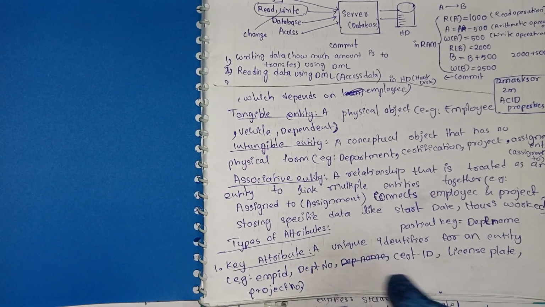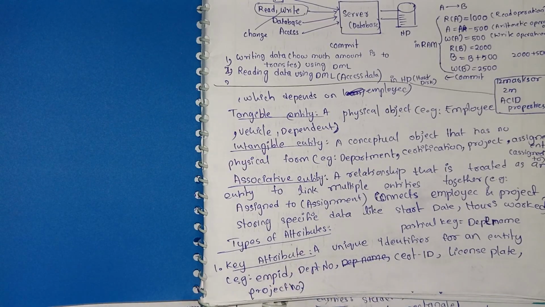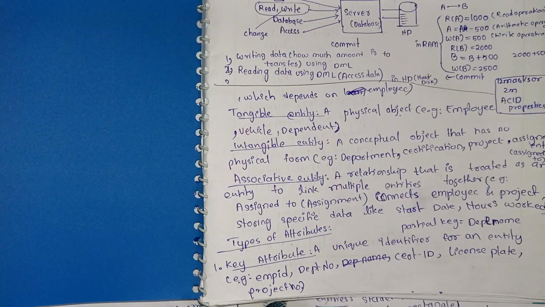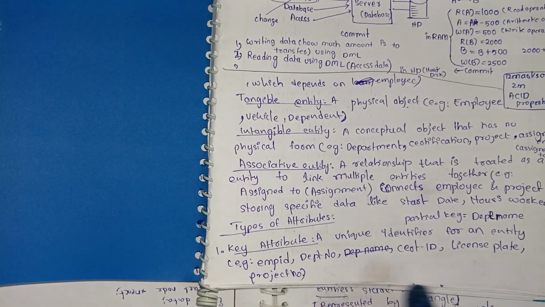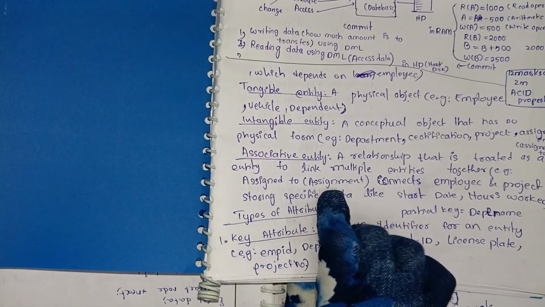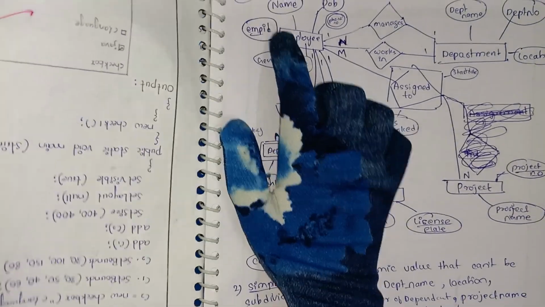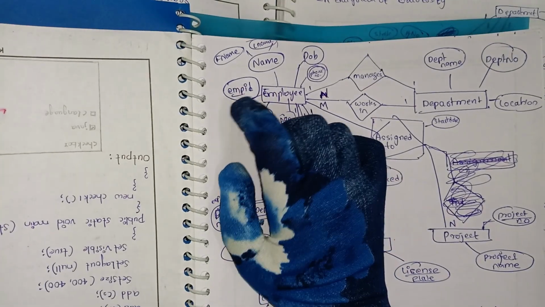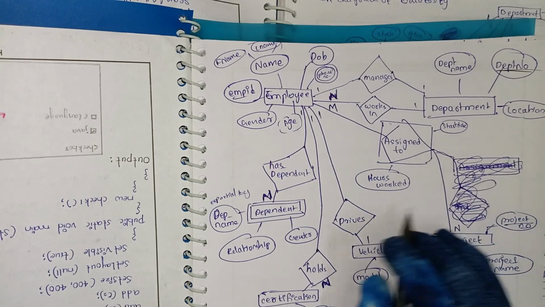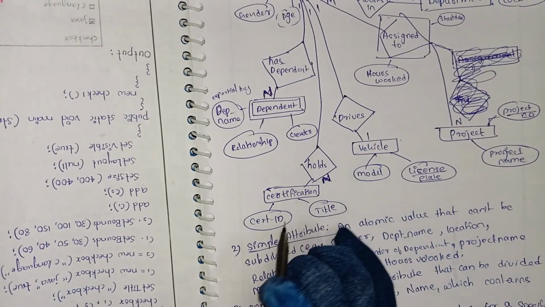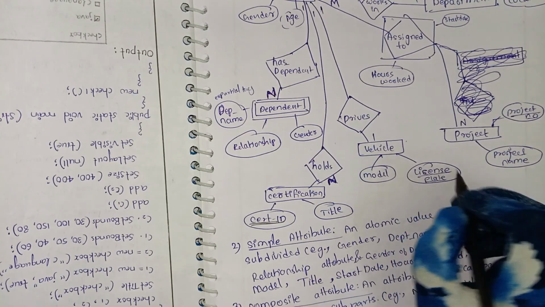And then key attribute, a unique identifier for an entity, means which uniquely identifies each row in the table. An example is employee ID, department number, certificate ID, license plate, and project number. So these are primary keys which are indicated by oval and underline. Here also oval and underline, and here also, and vehicle also.